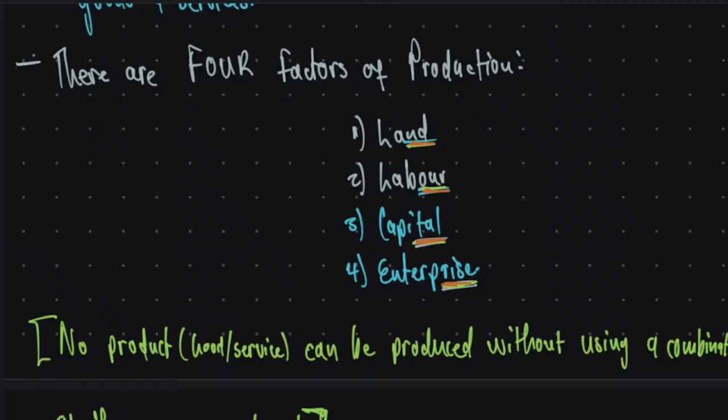When you're producing a car, sometimes when we say land, we mean the material, the original materials that we are using.